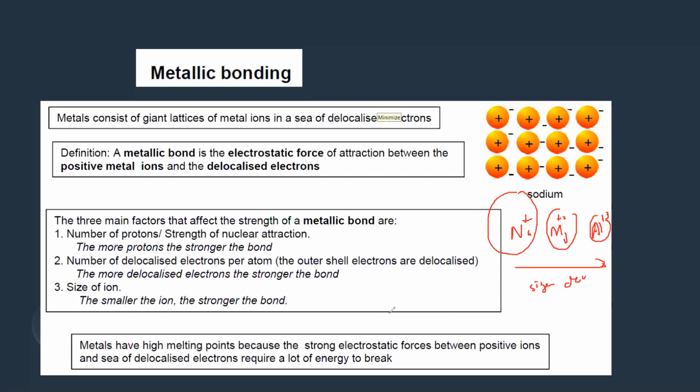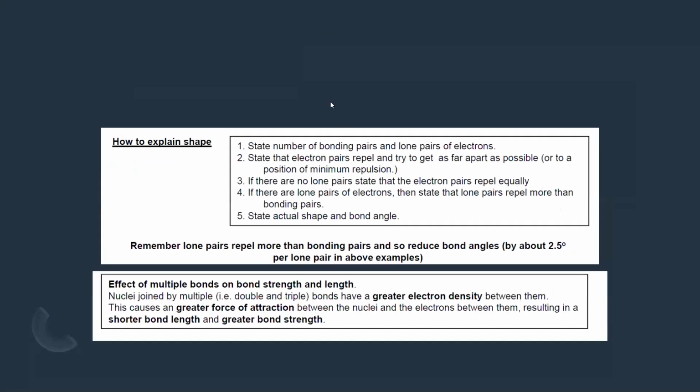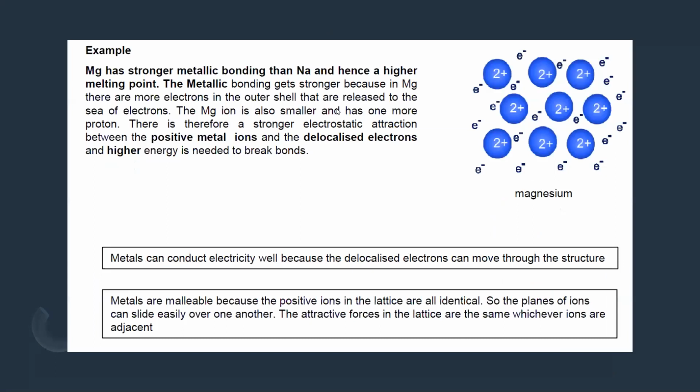Aluminum, with a +3 charge and a smaller ion size. So aluminum will have a stronger metallic bond as compared to magnesium or sodium. That's right. As you can see from the structures.